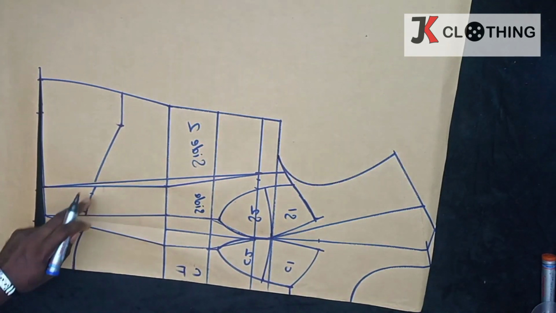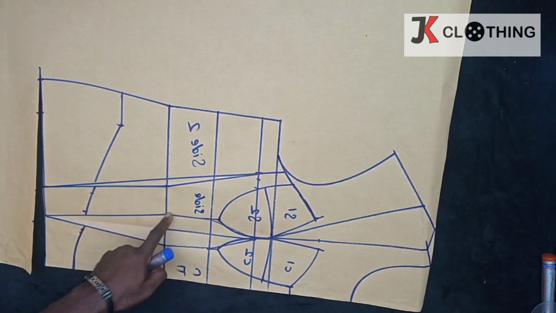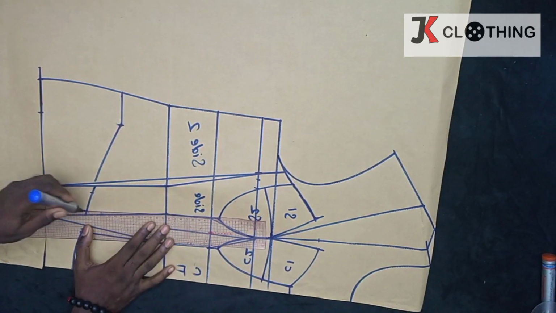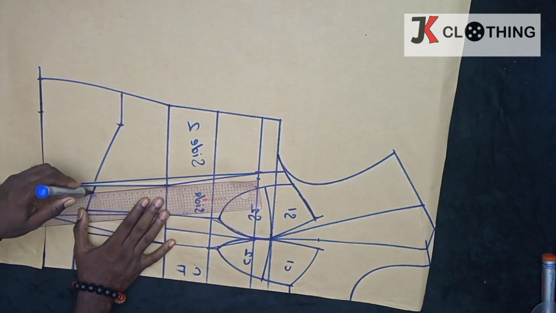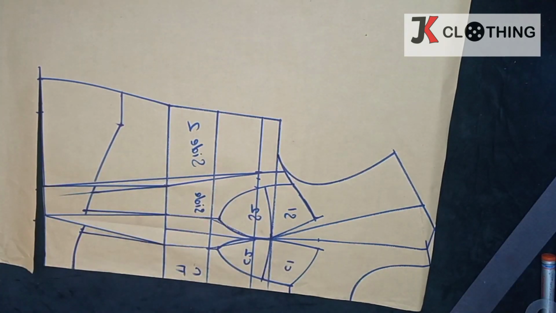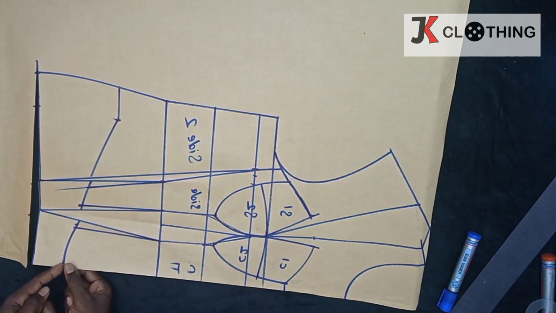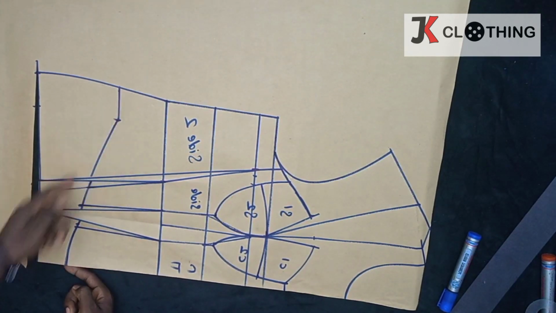We connect the new point to the corresponding darts on the waistline. Then we fold these new darts so that we refine our hemline here.